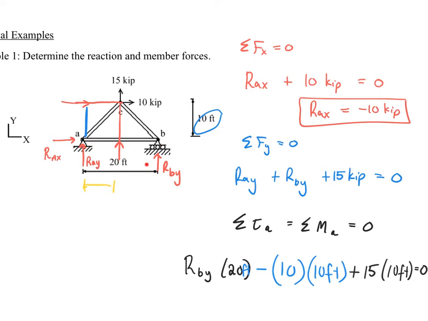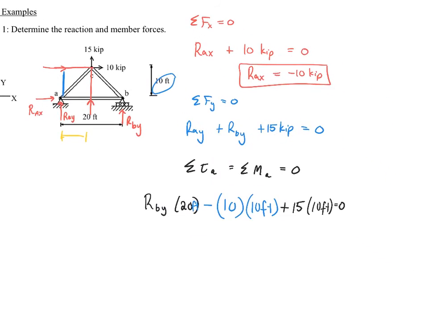This force would cause counterclockwise. So counterclockwise are positive torques, and clockwise are negative torques. And now we just solve this to get that last reaction. So that's negative 150, add 100, that's negative 50, divided by 20, negative 2.5.